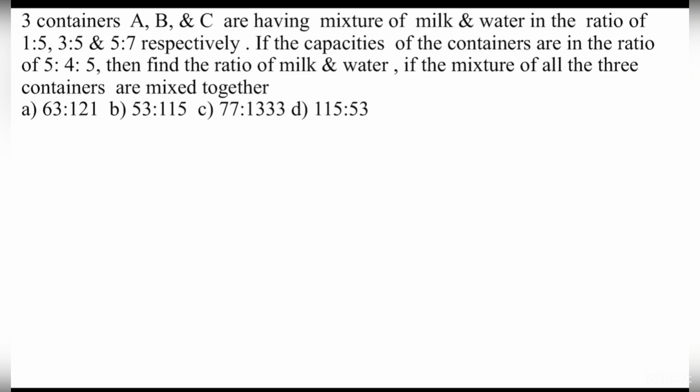3 containers A, B and C are having mixture of milk and water in the ratio of 1:5, 3:5 and 5:7 respectively. Okay. There are 3 containers A, B and C and milk and water are in the ratio 1:5, 3:5 and 5:7.